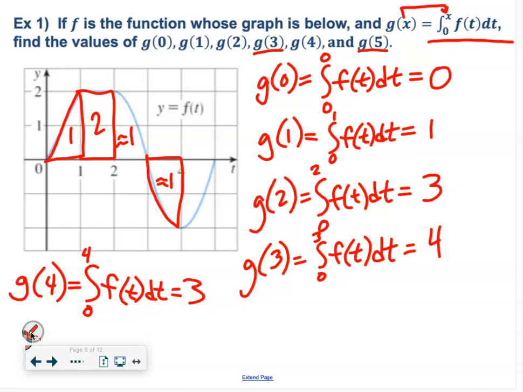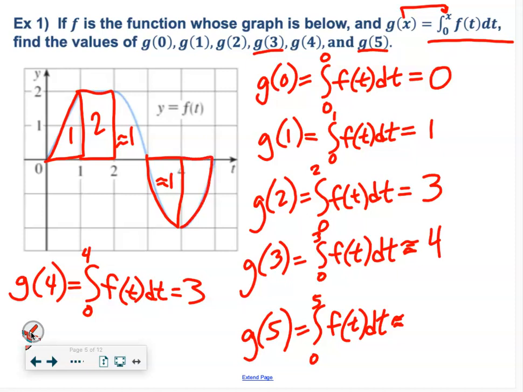All right, and then G of 5, which is approximate too. So now we've got this, which we're going to just call 1 again, except when we add it to our integral, we have to make it negative.